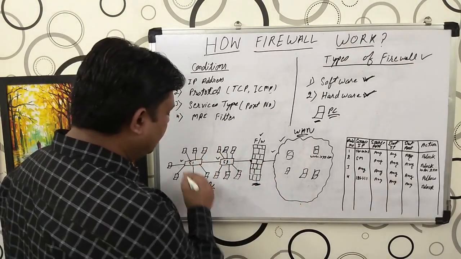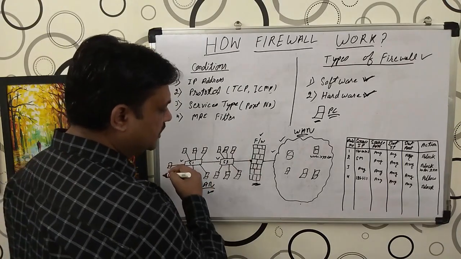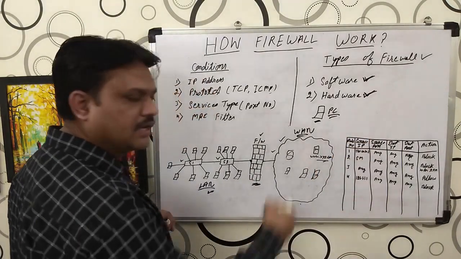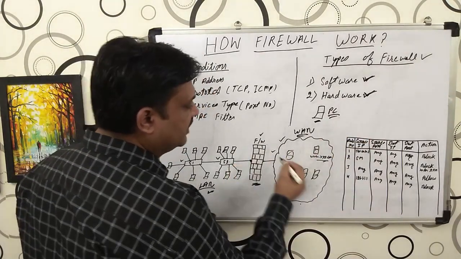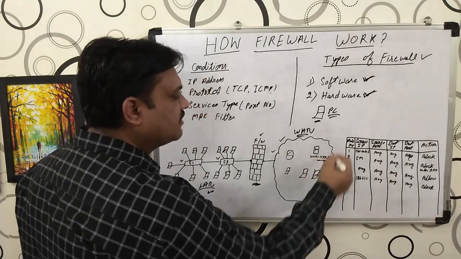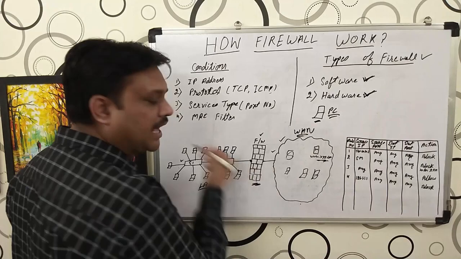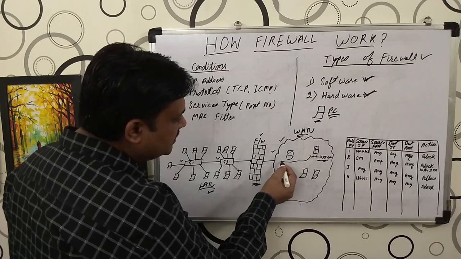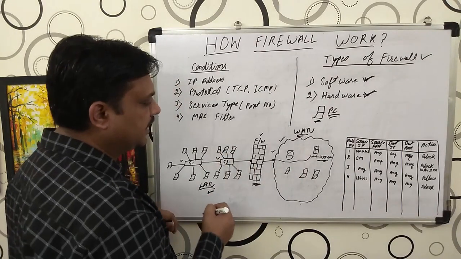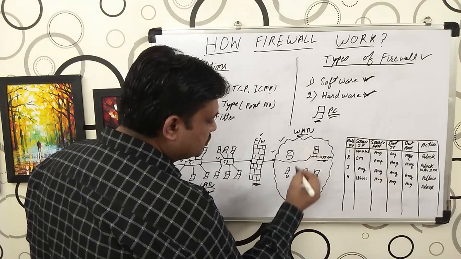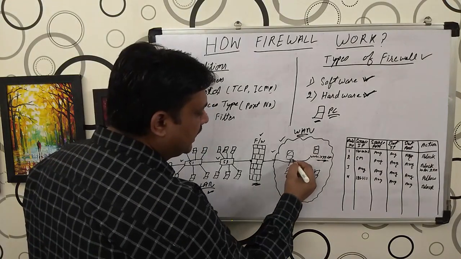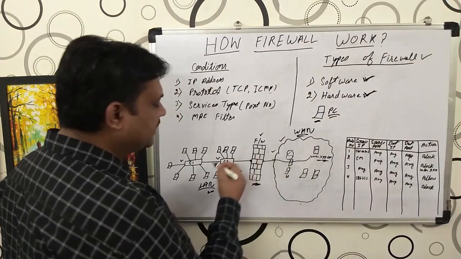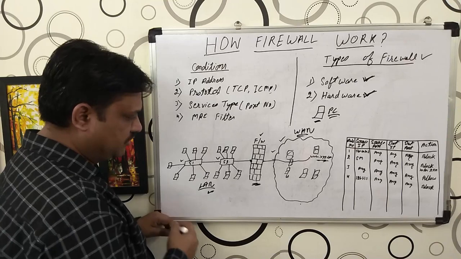Now, if any of your local area network users sends a request to, say for example, XYZ computer, maybe a server, your request will reach XYZ. Now xyz.com will definitely reply to your request, right? The moment that reply is reaching your local area network, what hackers do is they get access to this particular request, and with the help of that they reach your local area network, right?